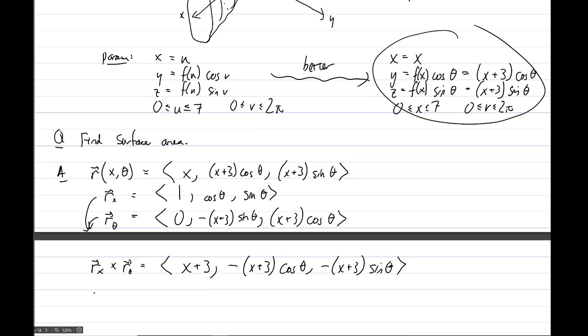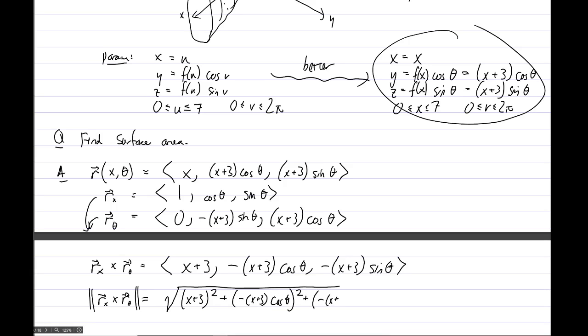Now, we'll need the magnitude of r sub x cross r sub theta. So this should be the square root of each component squared: (x + 3)² plus (−(x + 3) cosine of theta)² plus (−(x + 3) sine of theta)².